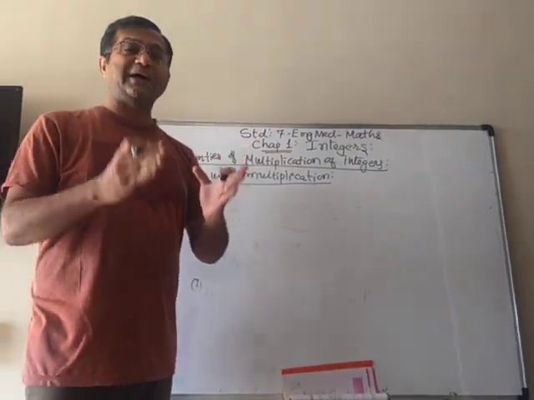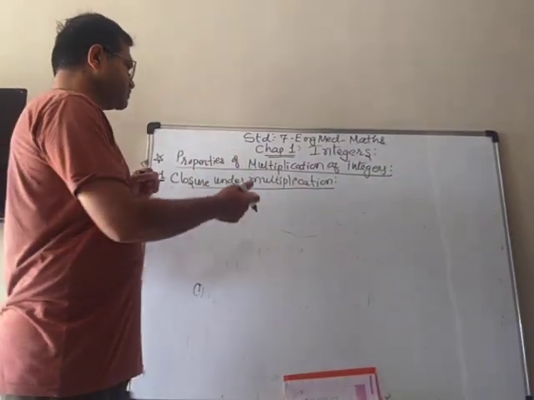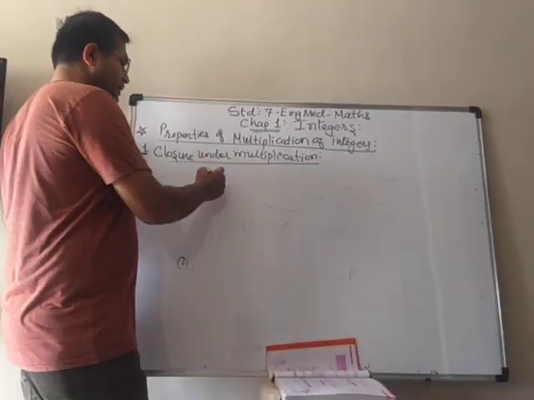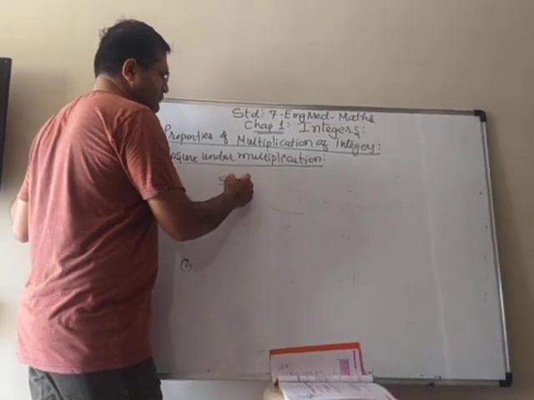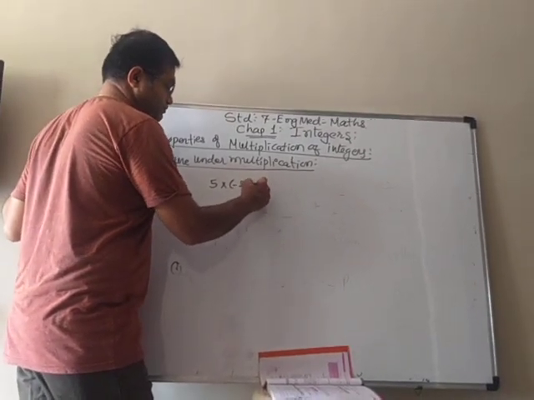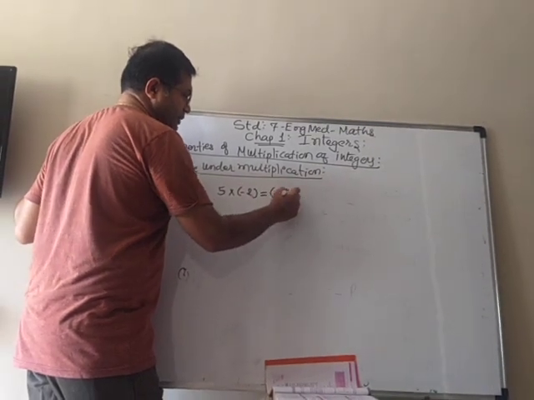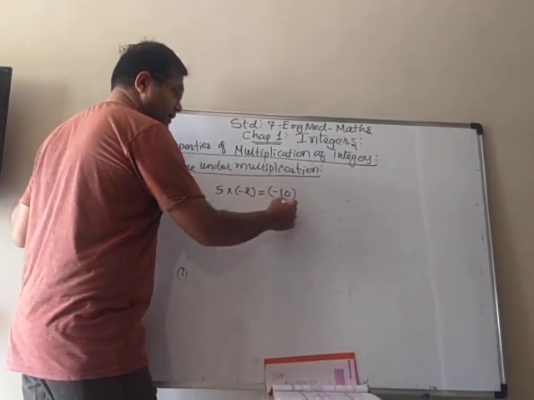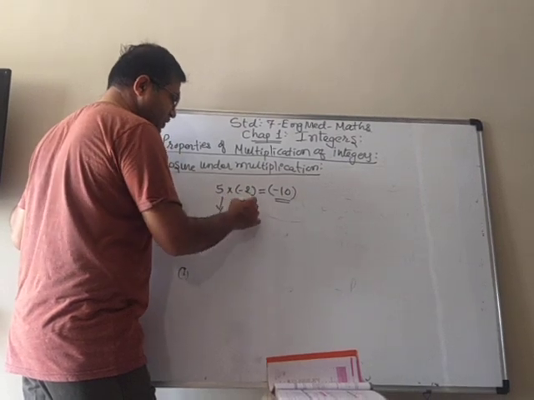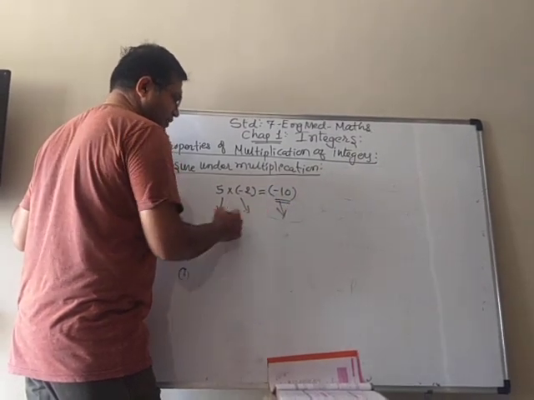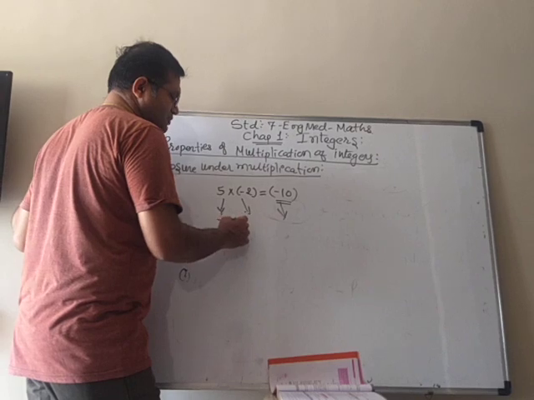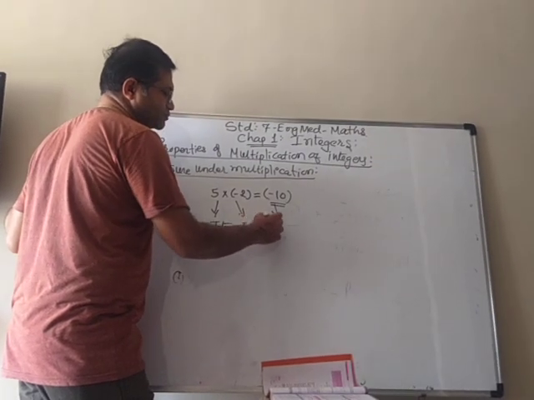Let's see some examples first. Like 5 multiplied by minus 2. You know that 5 2s are 10, positive negative will be negative, so minus 10. Here this is an integer, this is also an integer, and the answer is also an integer.